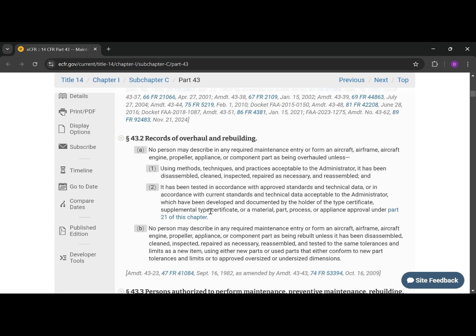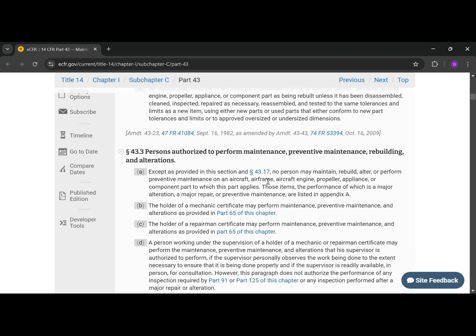And this is the perfect example. These are the rules regarding maintenance, not the operation of an aircraft. I just want to emphasize that.